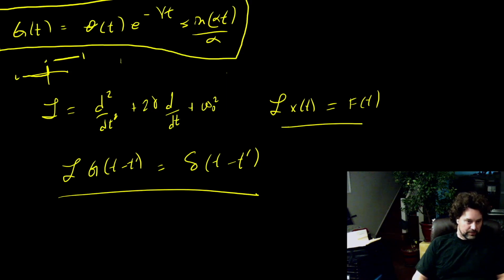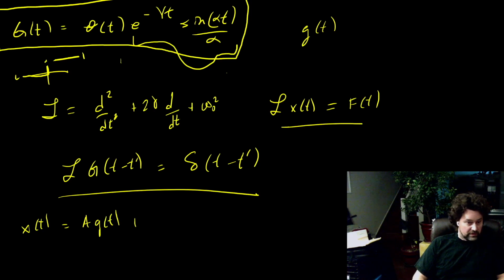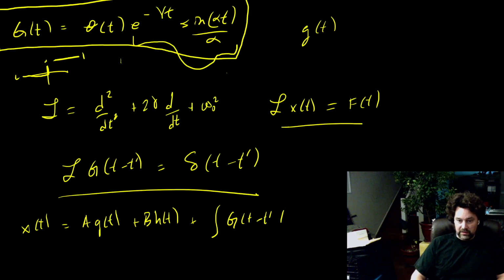So our solution, which incidentally, if you notice, this was one of our homogeneous equation solutions, what we called g of t up above. So our final form of the final solution is a g of t plus b h of t, where g and h have the same structure other than sine and cosine, plus the integral of g of t minus t prime f of t prime dt prime.